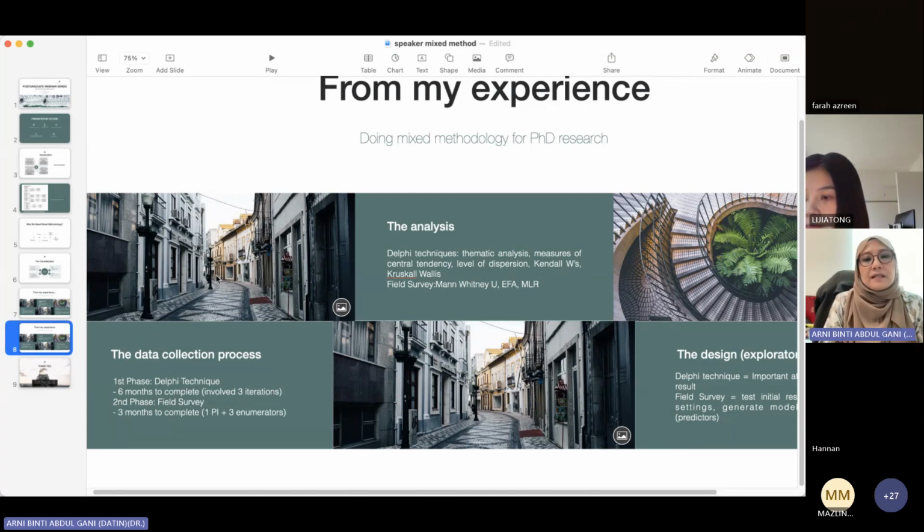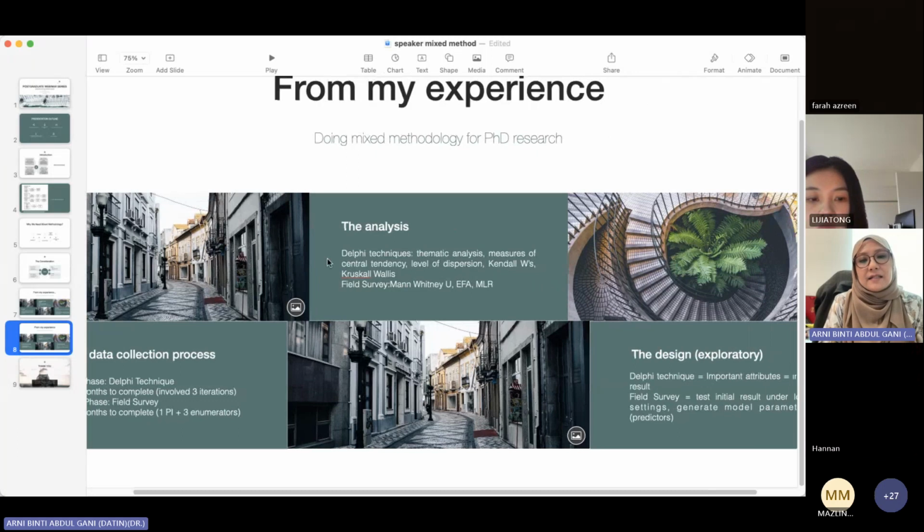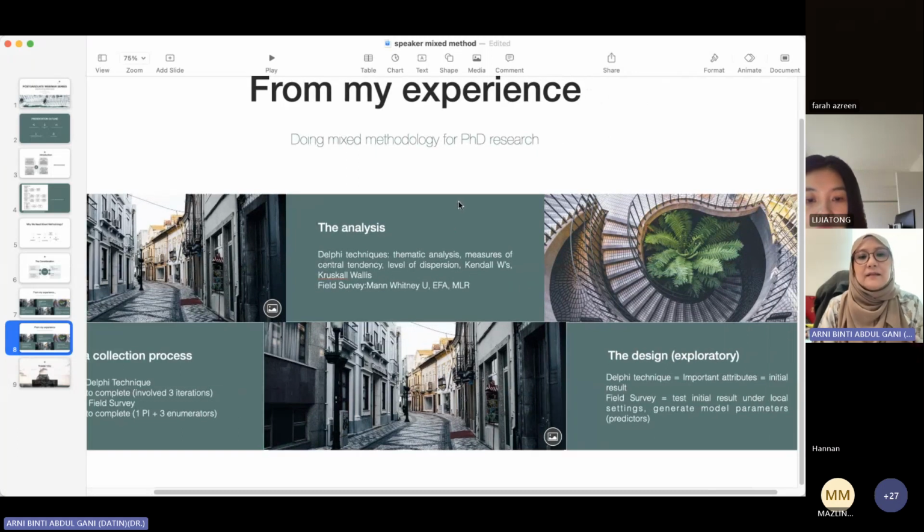Okay, all right. And then the analysis. For the Delphi technique, like any other qualitative, maybe you have learned about qualitative in your research methodology class. The analysis for the Delphi technique, basically for qualitative, I think you are quite familiar with thematic analysis.